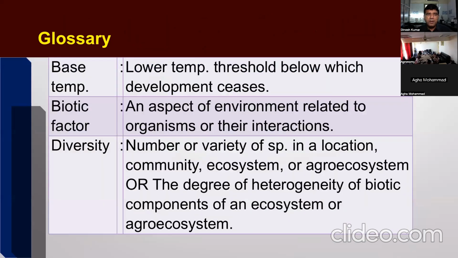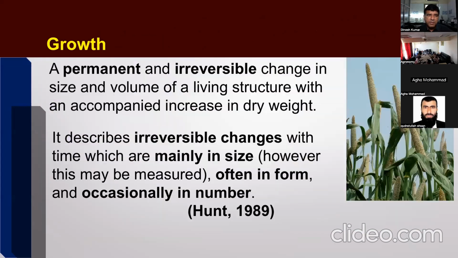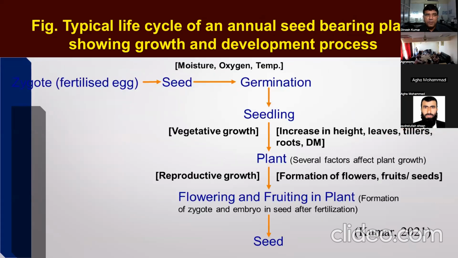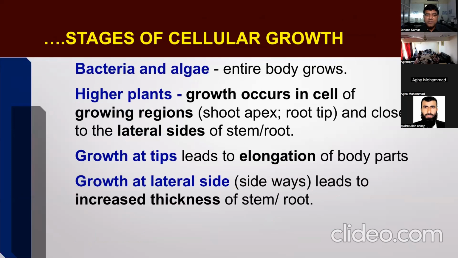If you remember, I covered the terminology, and some difficult words were explained to you. Then you could see what we mean by growth and what is the difference between growth and development processes. And you can see the stages of cellular growth, which occurs mainly by division of cells and increase in size.